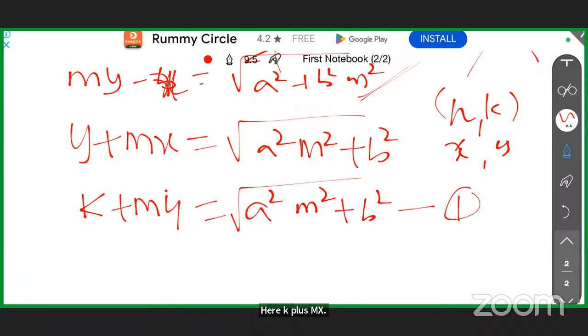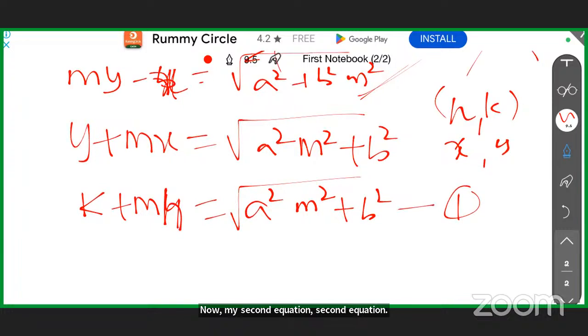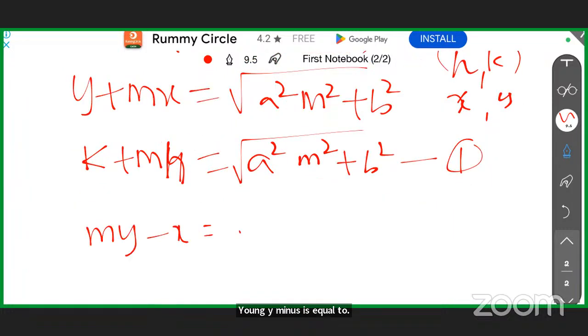Sorry, mh. Now my second equation, my minus x is equal to root of a square plus b square m square.